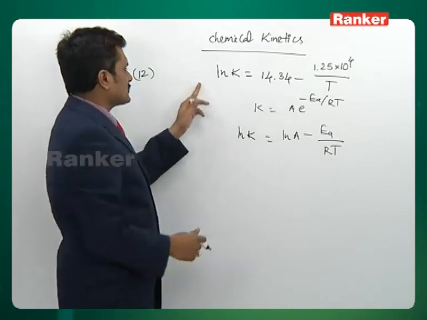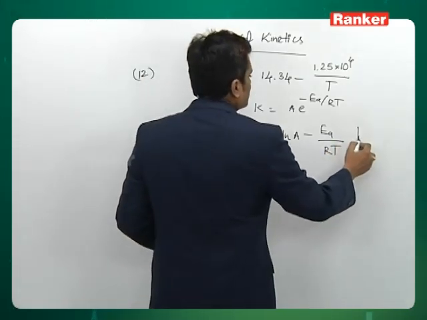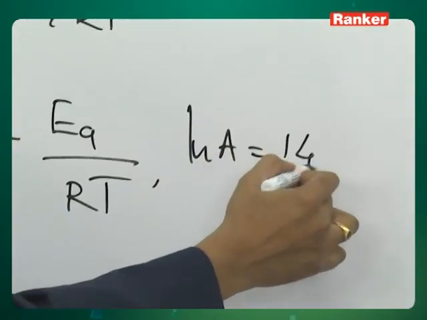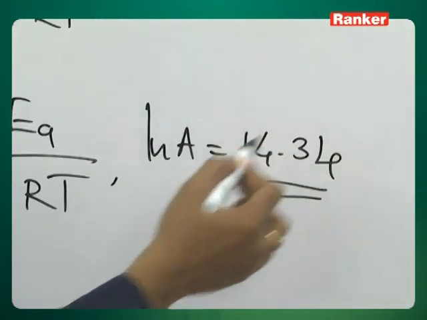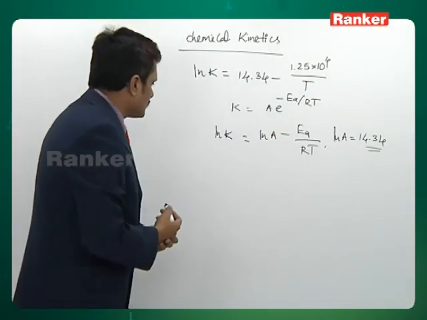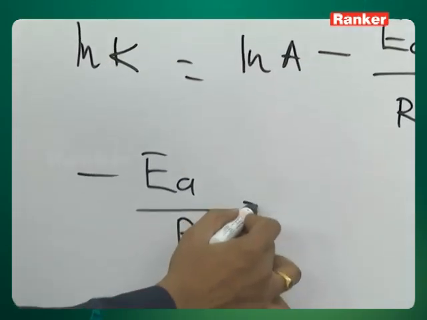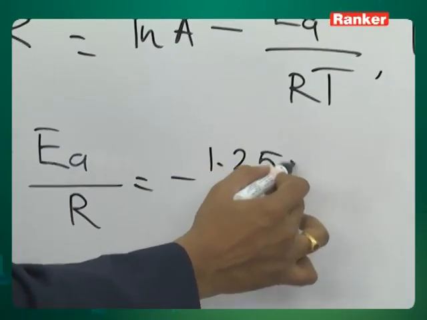Now, when these two equations are mapped with each other, it is clearly indicated that natural logarithm of A is 14.34. From this data we can find the value of A, and the slope can be used to find the activation energy of the given reaction.